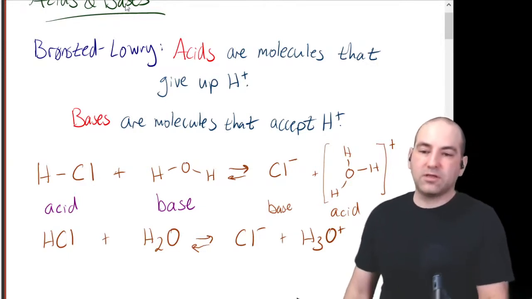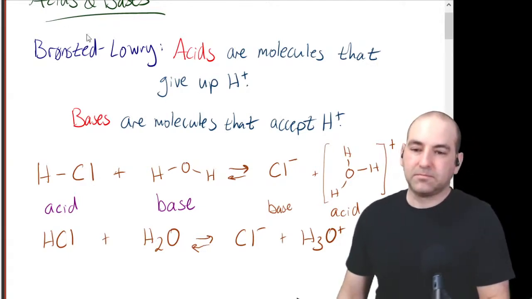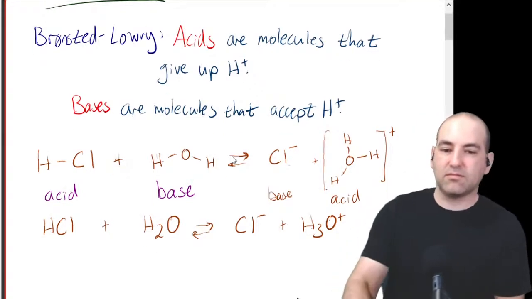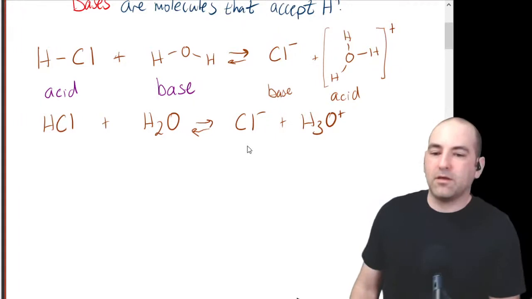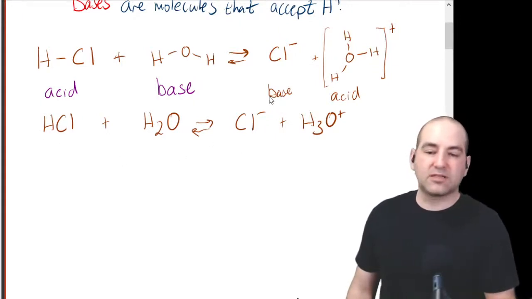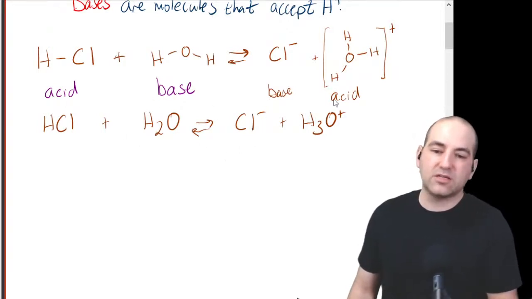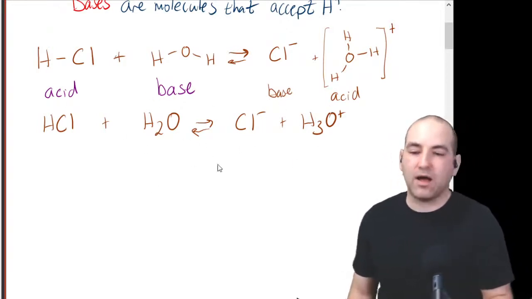The other thing you might notice here is that in the process of going through this reaction, these acids and bases kind of pair up. So the HCl was the acid, the Cl is the base. The H2O was the base, the H3O is the acid going the other way around.